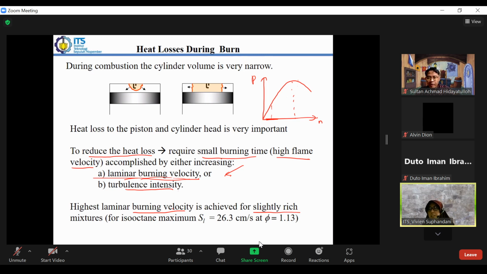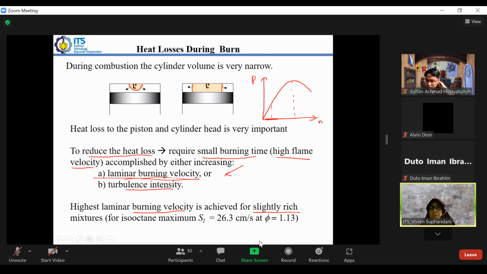A richer mixture means we give more fuel, and this increases the laminar burning velocity. So this is one thing we can do: either increase the piston speed, or if we cannot, control the mixture so that it becomes richer.